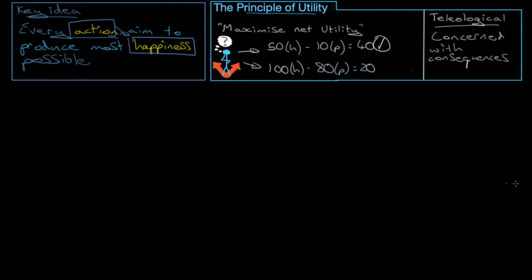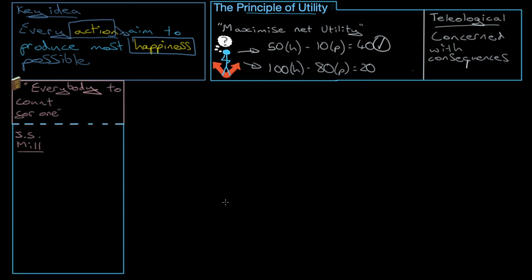Okay, so I think one of the really interesting points about the principle of utility, and it's a point that's often missed, is this. As John Stuart Mill writes, everybody is to count for one, and none for more than one, is the full quote. So everybody counts for one alone.